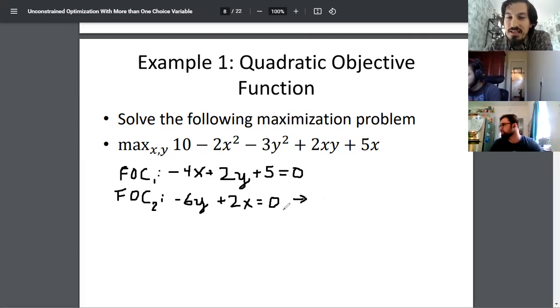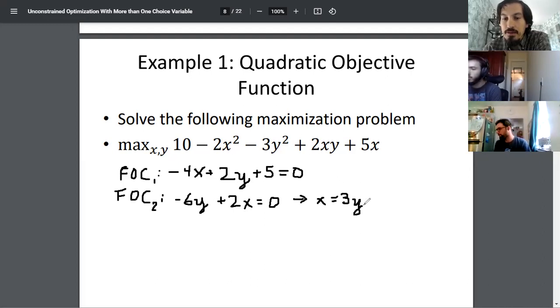It's not equality. I'm not saying this equation equals this equation. I'm saying this equation implies that if I move the y over and divide by 2, I get x equals 3y, correct? See how I got that? x equals 3y. Now I want to plug that in for x here. Is that right?